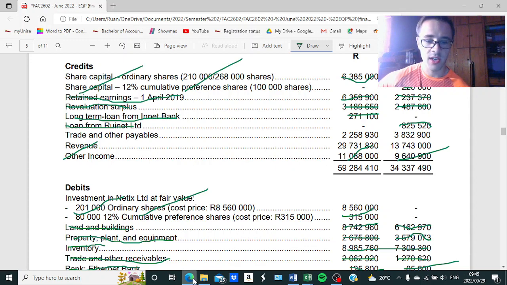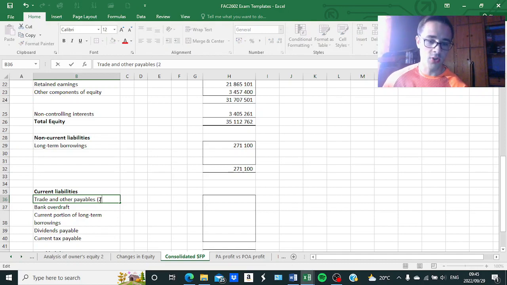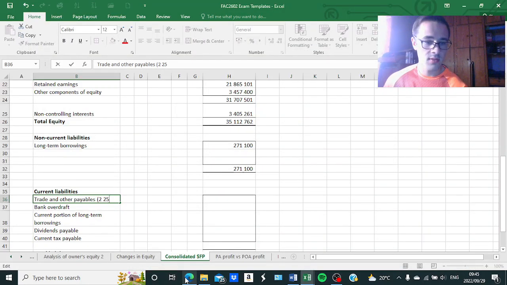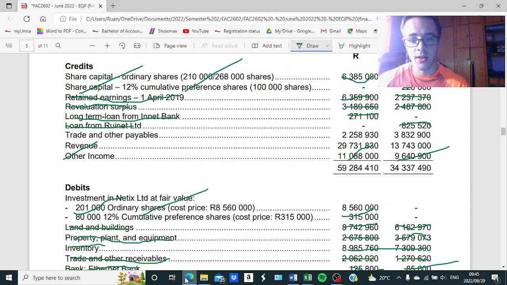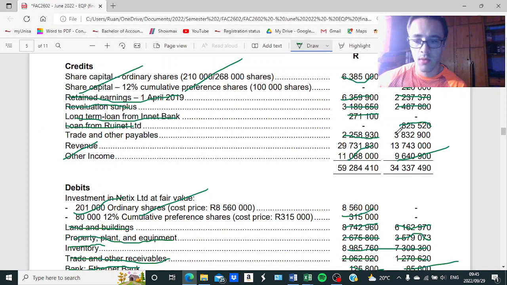Okay, and then we just need to account for trade and other payables, which is 2,258,930, and then we add 3,832,900. Okay, and that should give us the total for trade and other payables.